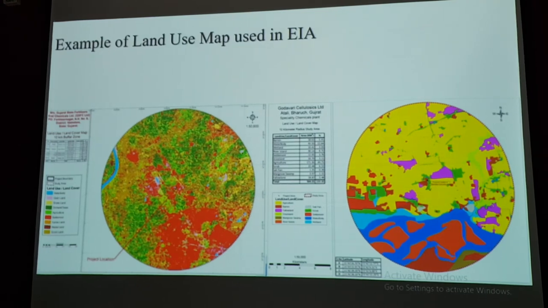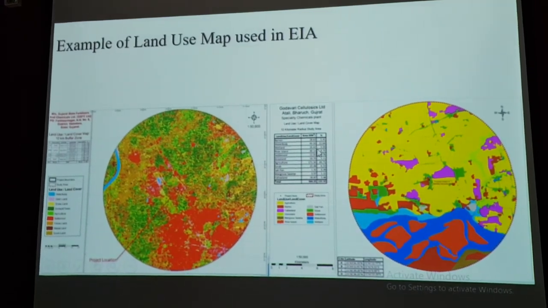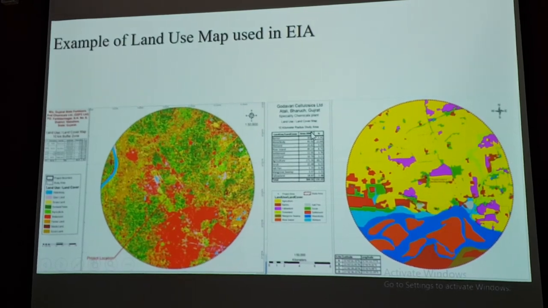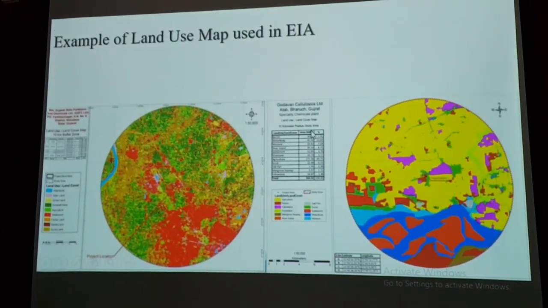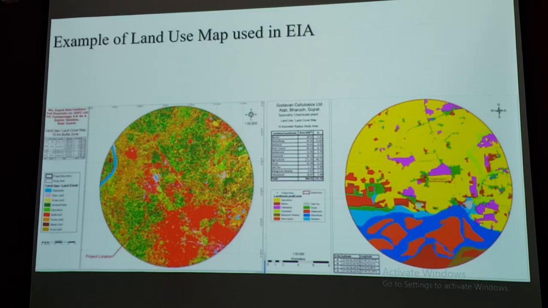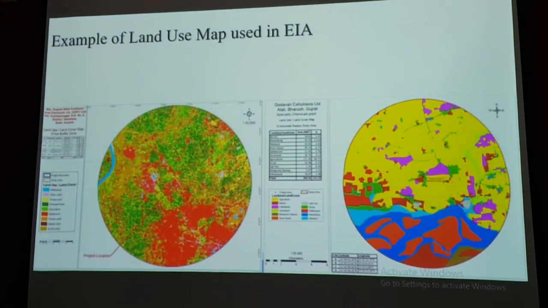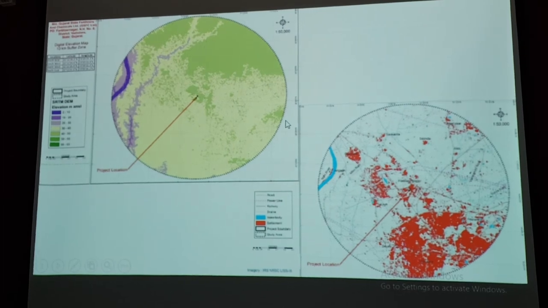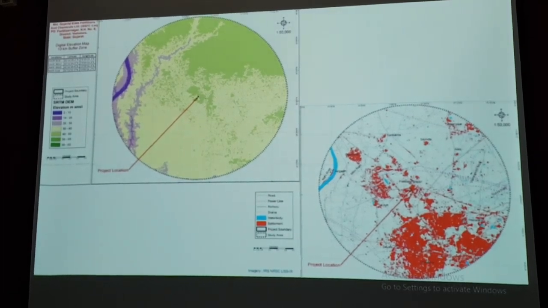And area also you can put here in percentage and in square meter or kilometer square, whatever you want. And this ArcGIS map is also used for digital elevation map or drainage map. You can see here it is the drainage map and this is the elevation map.